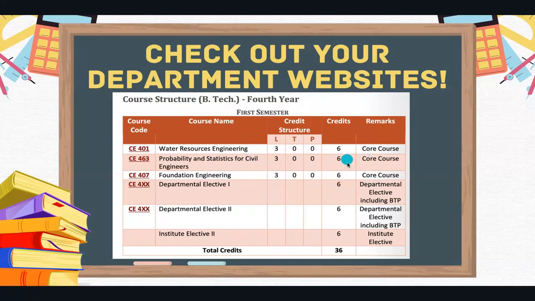The department has specified 3 core courses which need to be done in the seventh semester, and that you can do 2 department electives and 1 institute elective in the seventh semester. But it is not necessary for you to do that in the seventh semester itself. You can do it beginning from the third semester. For the department and institute electives, just confirm with your department once.